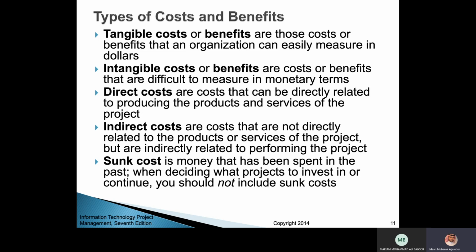But for example, the electricity that you pay for that room or for that factory is an indirect cost, because it's not related to this phone only. You are producing other products, computers, other models of this phone. So you cannot directly relate it to this phone. These are called indirect costs.